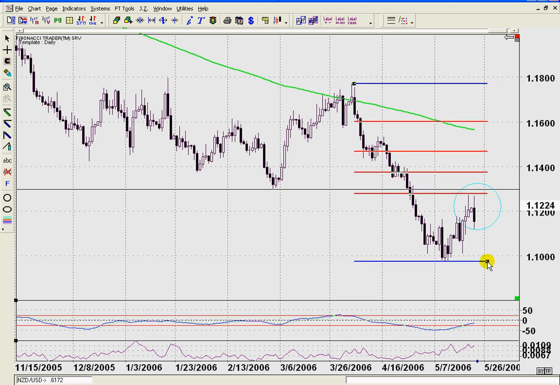As we see here, price has come down and has retraced 38%, right on 38%, as we are in an aggressive downtrend, and price has bounced significantly on the 38%.